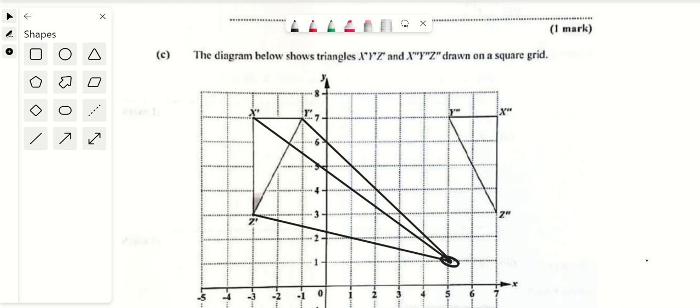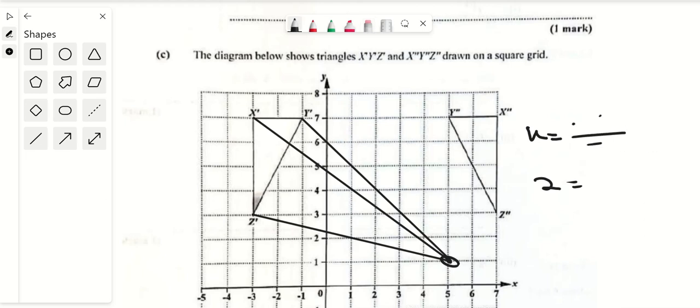And we know it is a scale factor of 2. So we know that K is equal to your image over your object. Not your object over your image, sorry, it is your image over your object.